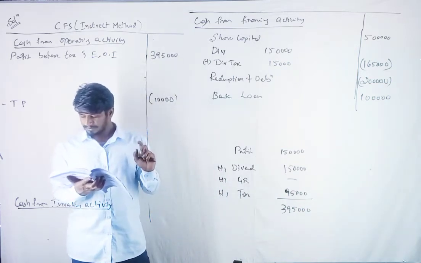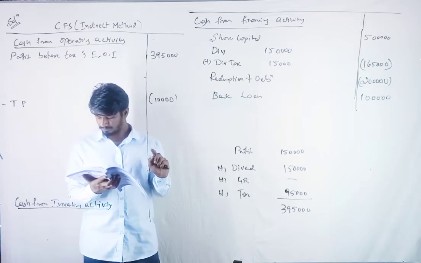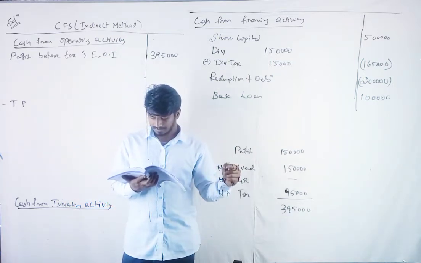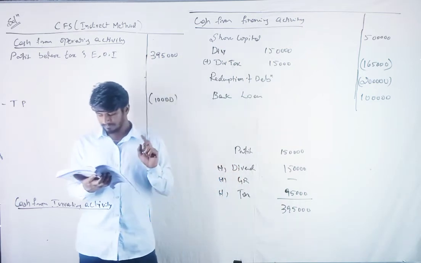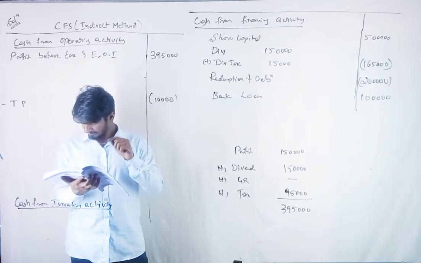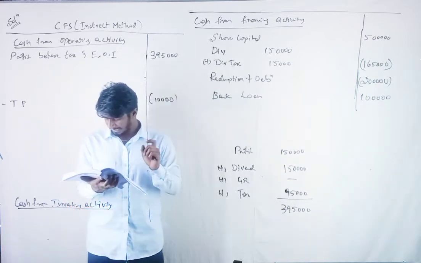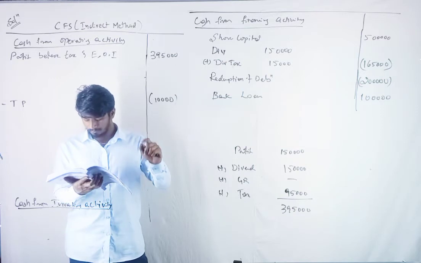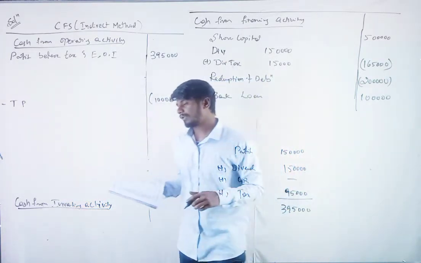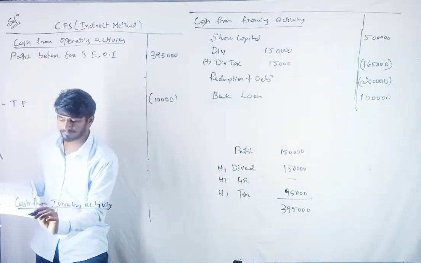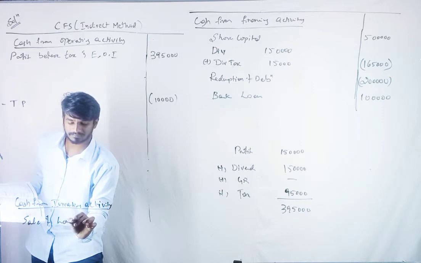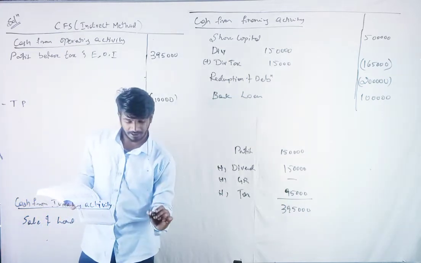Then non-current assets, tangible assets, they have given the notes to accounts. Land and building was 8 lakh in 2016 and became 6 lakh 50,000. In the additional information they have given, land and building of book value 1 lakh 50,000 was sold. Where will we record it? Sale of land, the investing activity, right? 1,50,000.